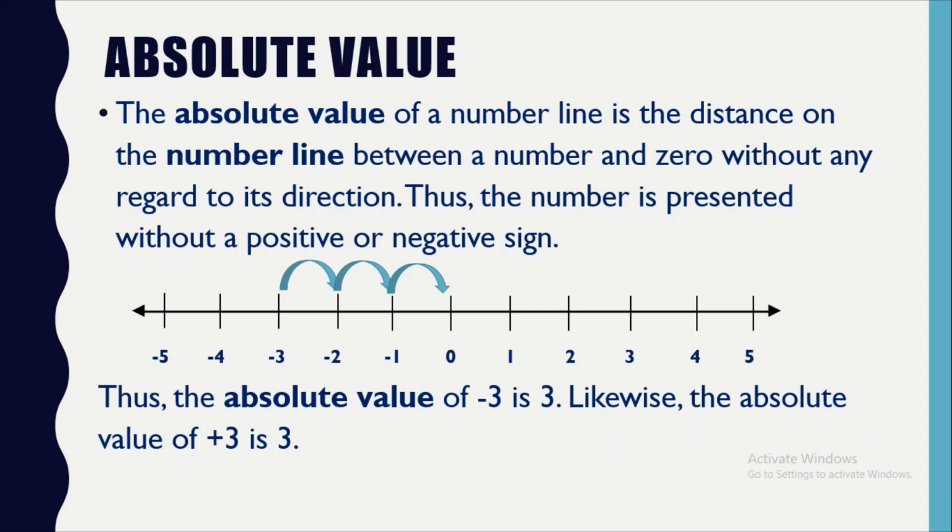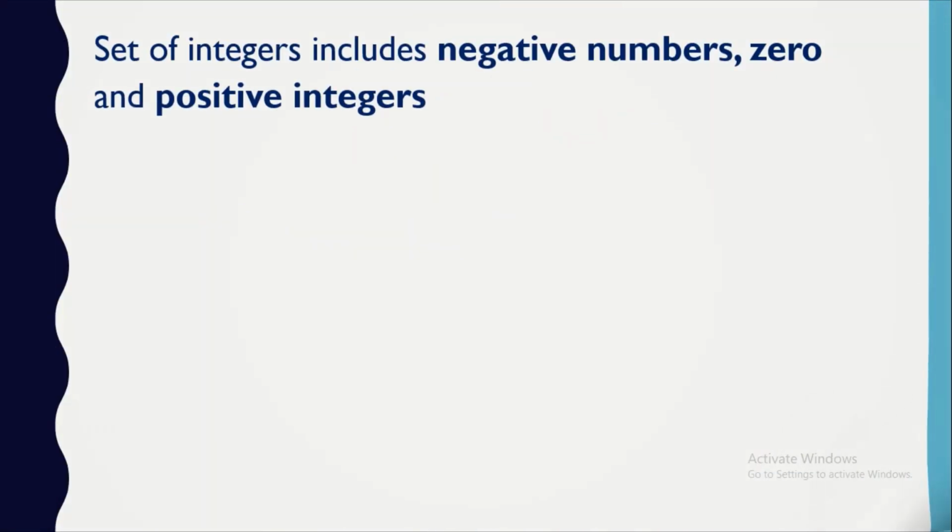Therefore, the absolute value of negative 3 is positive 3 or, kukunin mo na yung positive sign, just write the 3. So the absolute value of negative 3 is 3. Okay.